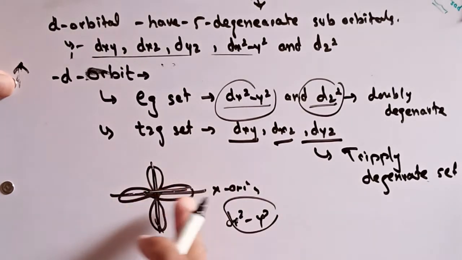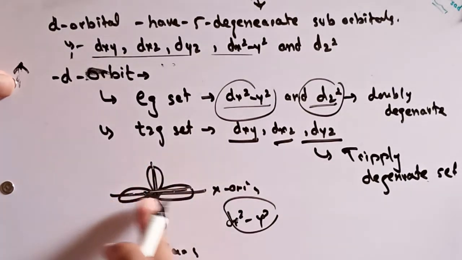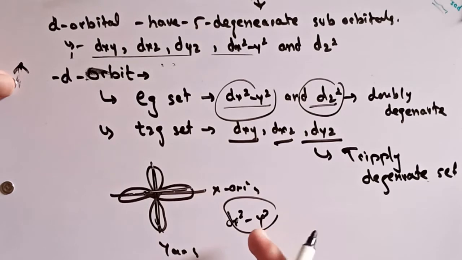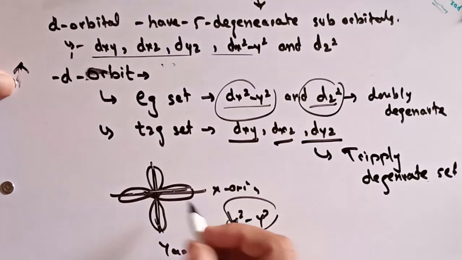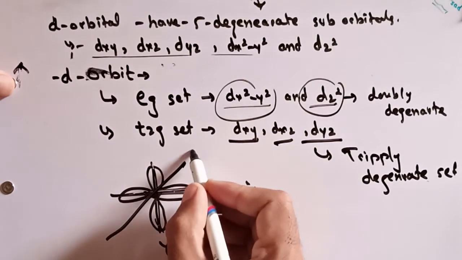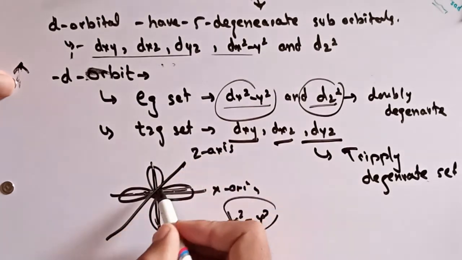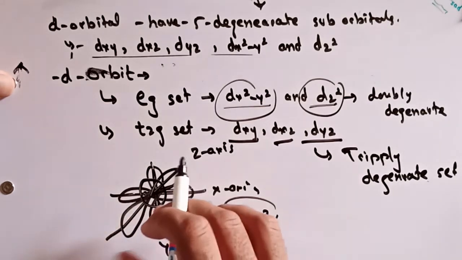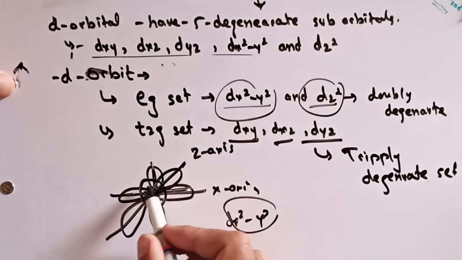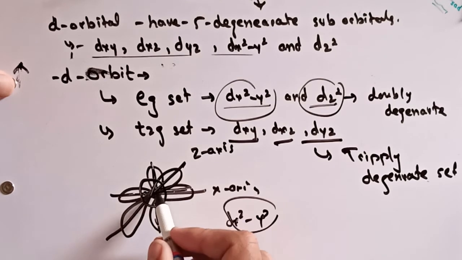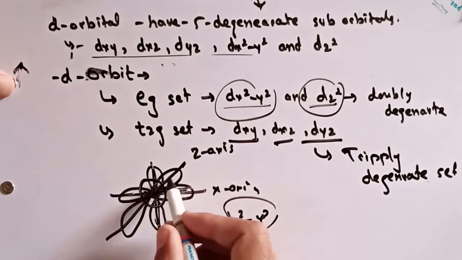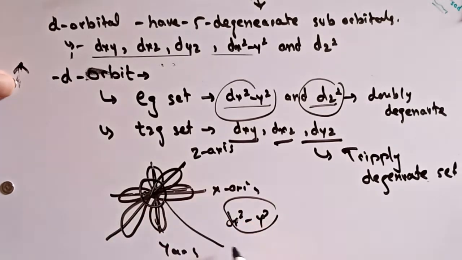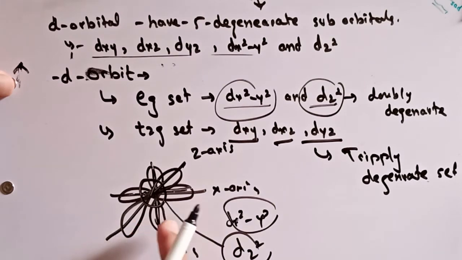These dumbbells lie exactly on the axes. If this is the z-axis, one dumbbell lies on the z-axis and the other arranges circularly around the z-axis, so it is called dz square.